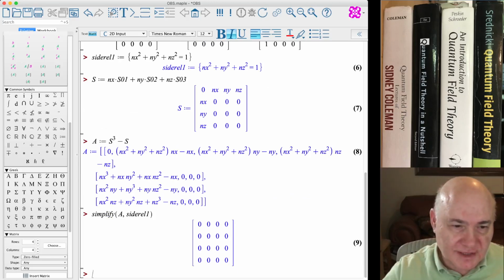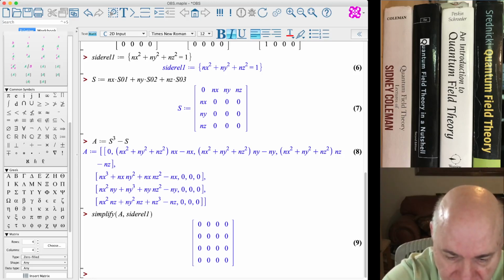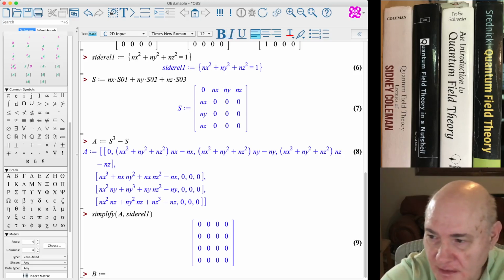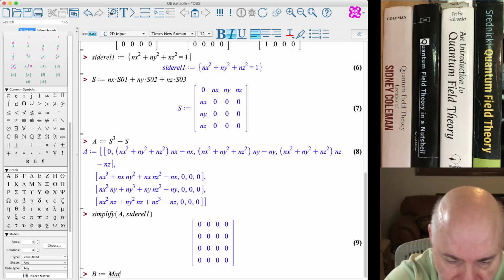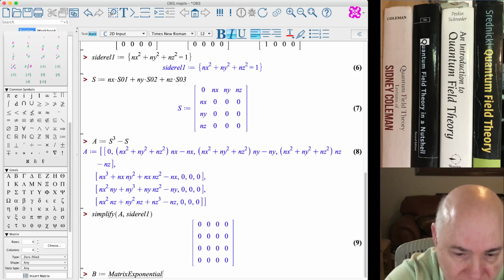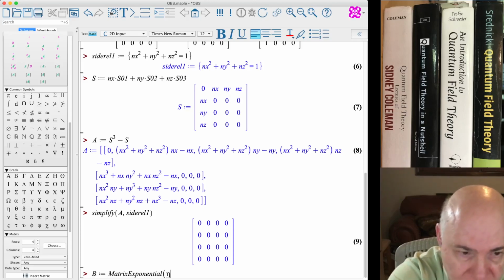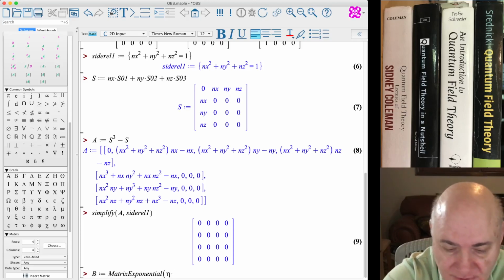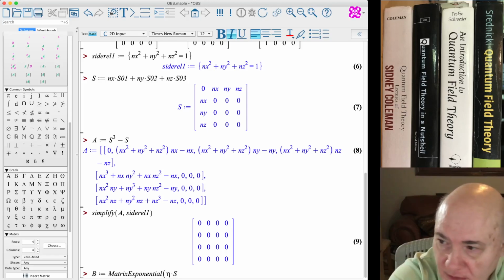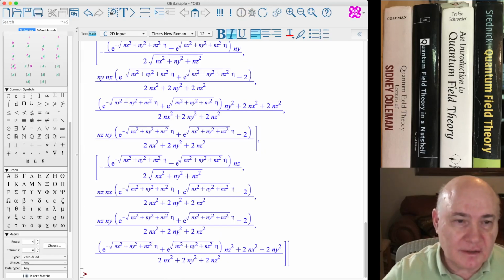Now I'm going to just evaluate a general boost. I'm going to use the rapidity parameter times S. Okay.